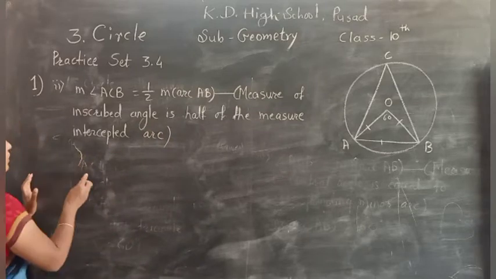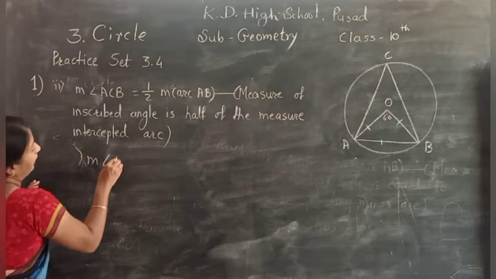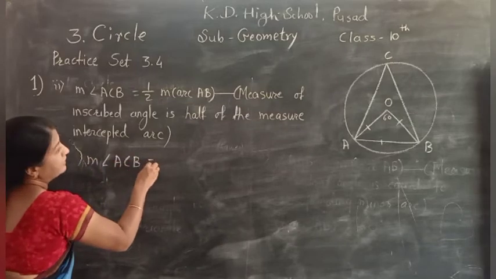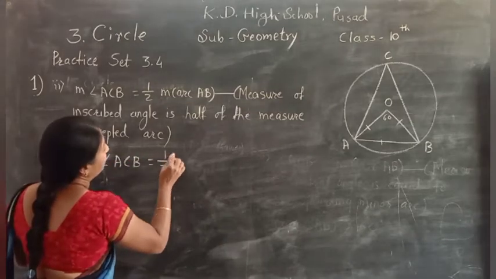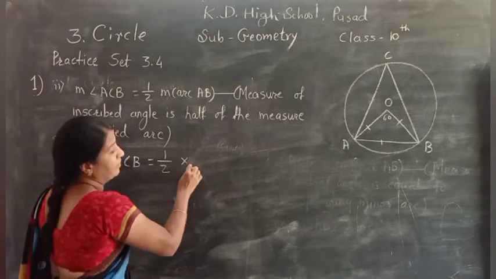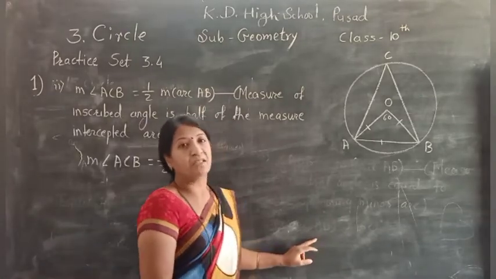Very clear? Now, measure angle ACB is equal to half of the measure arc AB, that is measure arc AB is equal to 60 degree.